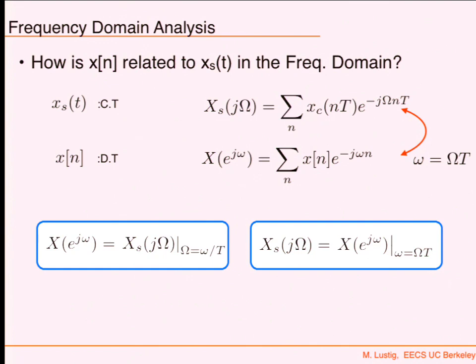And it kind of makes sense because we're sampling at those distances, right? The nice thing about x sub s is it has physical meaning. The physical meaning is that it has units. The units are seconds, and those relate to frequencies, which are hertz or radians per second.